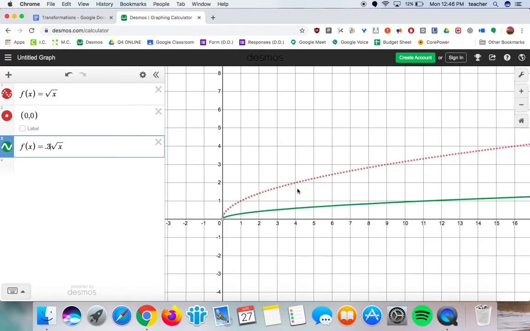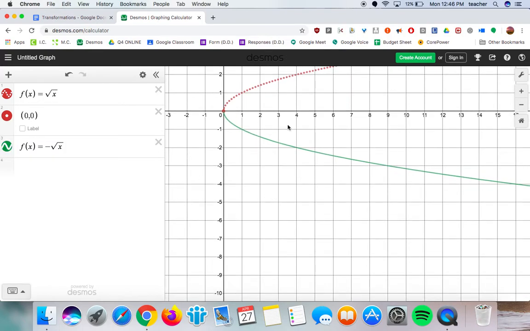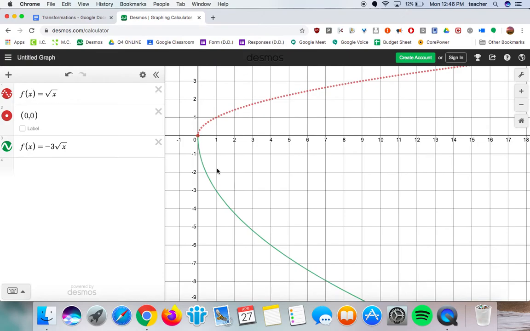Okay, and remember, all of this is just from the parent function. Okay, so that's everything you can get from A. And then remember, you can also have a combination of these. Like we might have a flip and a stretch, right? So a flip here would be, we're pointing down, and then a stretch would be, okay, we also got really tall. So this would be a flip and a stretch.